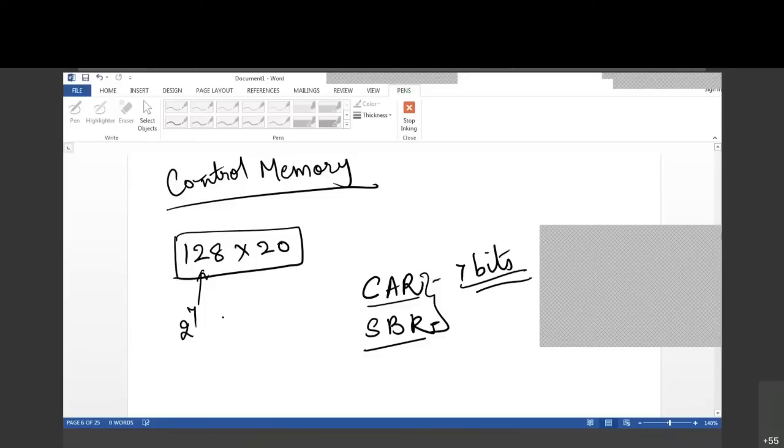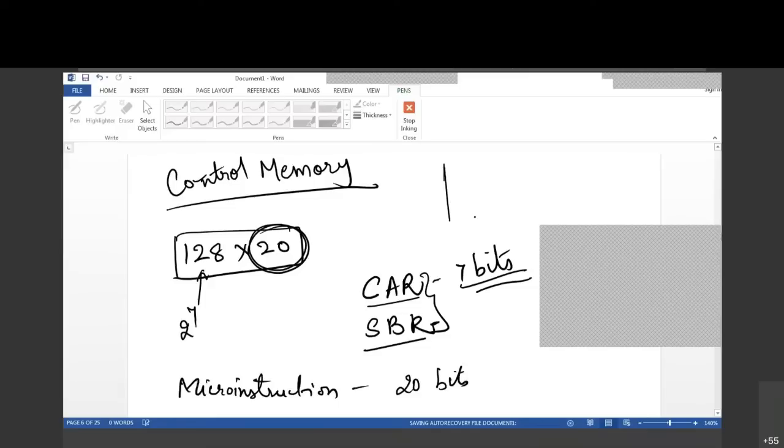Okay? Cross 20. What would be the instruction format size over here? Whatever is my microinstruction, it would be of how many bits? It would be of 20 bits, because this is my control memory, right?